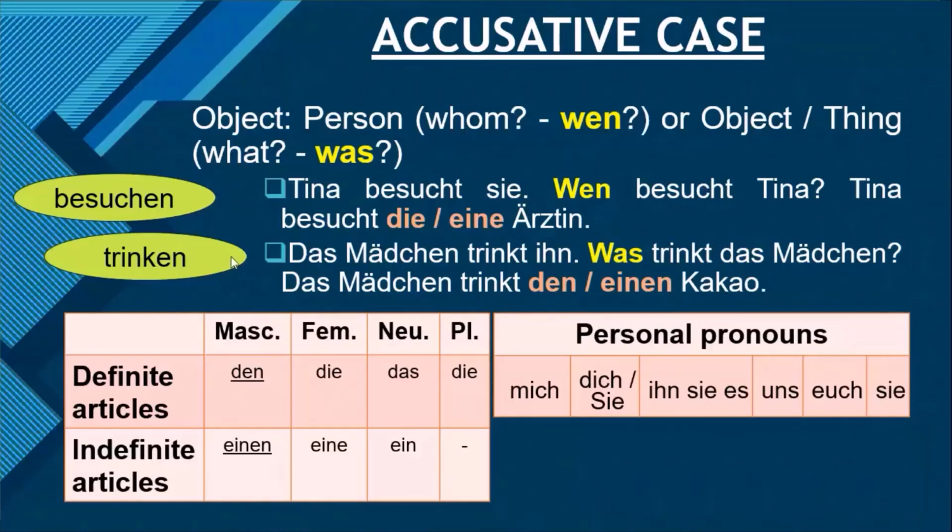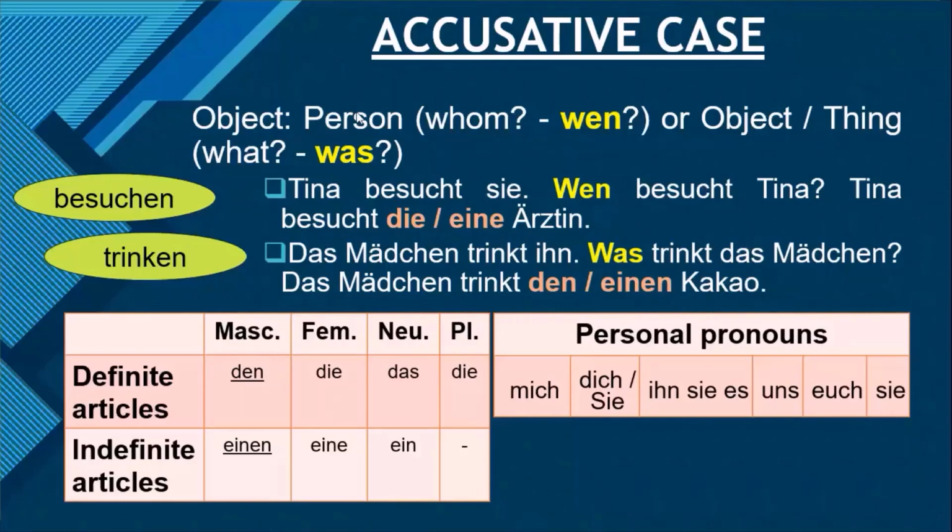So the difference between nominative and accusative case is that in the nominative case, the subject is the most important. In the accusative case, the subject is still the person, but the important part is the object, which can be a person or it can be a thing.